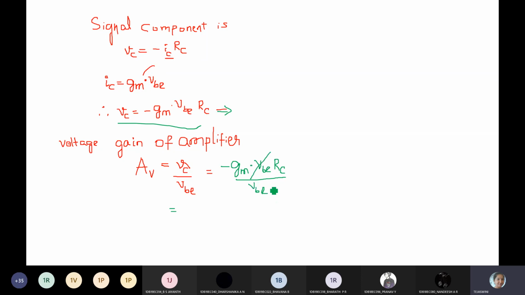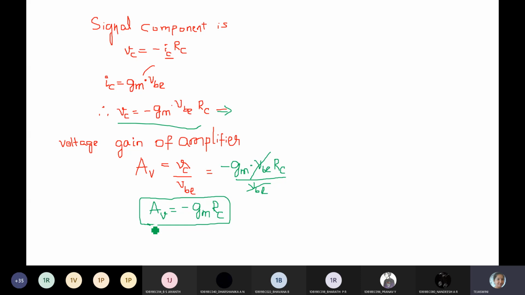VBE gets cancelled. You get AV as minus GM into RC. This is the expression of gain for small signal.